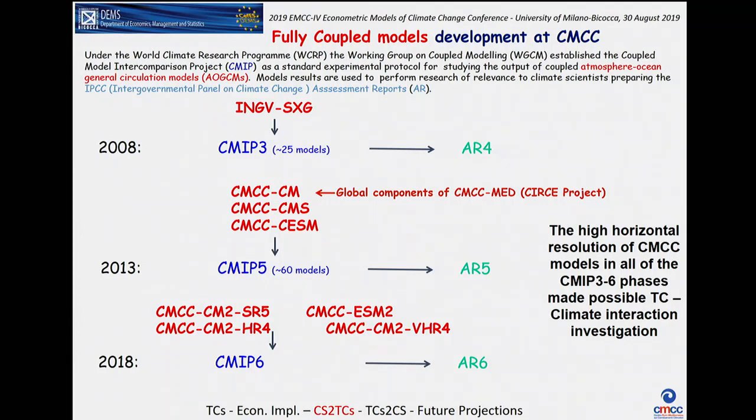Just to give you an idea, with 1,000 CPUs, which is not that much, I need 1 day on our supercomputer to run 1 year of simulation. That means that if I want to spin up my model before running future scenarios, if I want to have a stable, coupled system that is realistically similar to the observed world, I need to run it for, let's say, 500 years in present climate conditions.